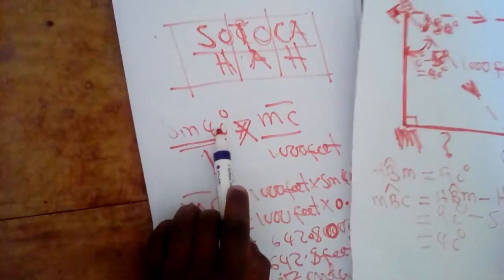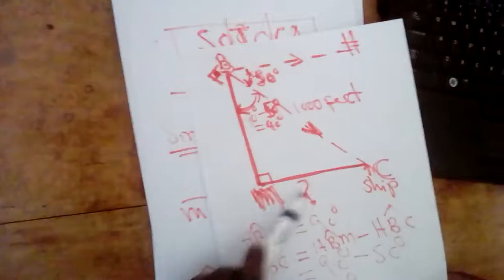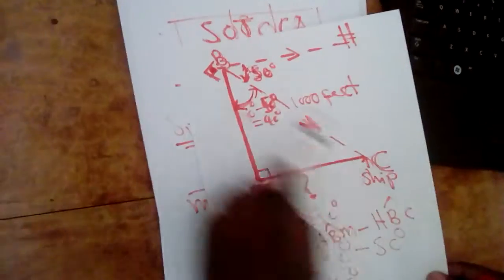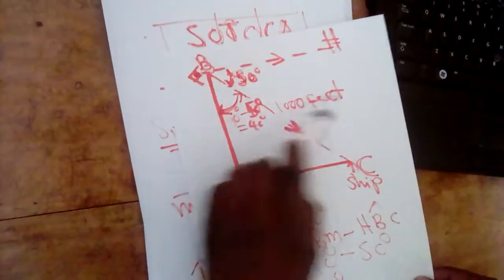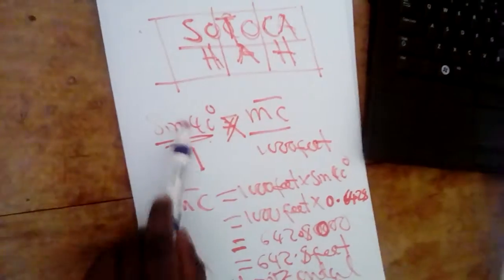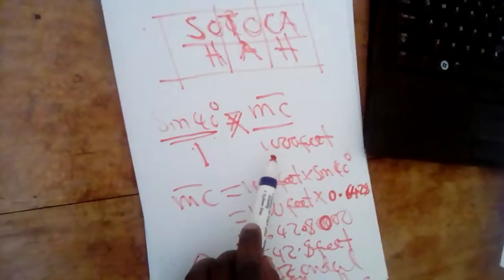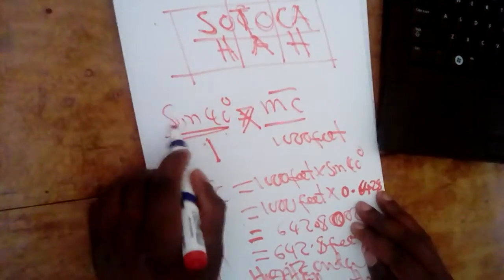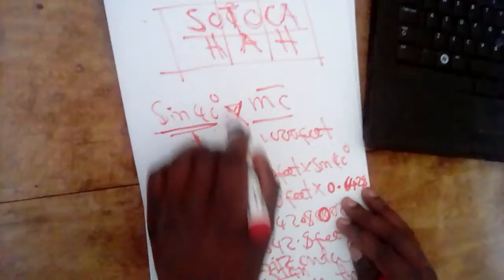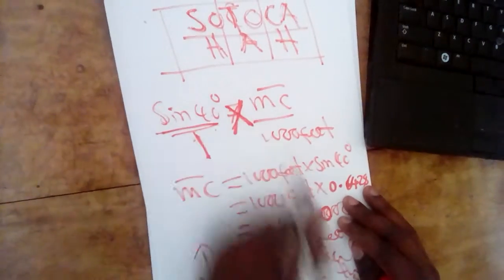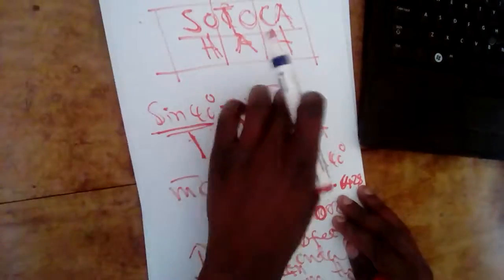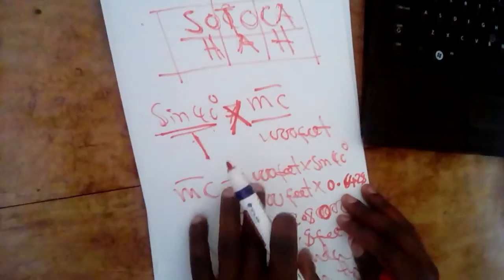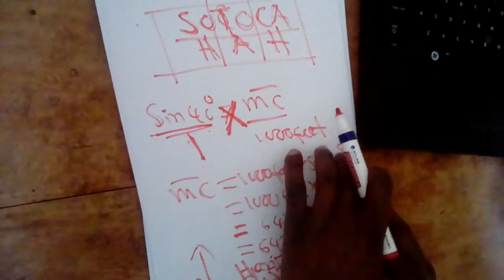Sine of 40 equals opposite, which is MC, over the hypotenuse side, which is 1,000 feet. We may place this sine of 40 over 1 so that we can do cross multiplication to get MC. This times this one is MC, and this one times this one is 1000 feet times sine of 40.